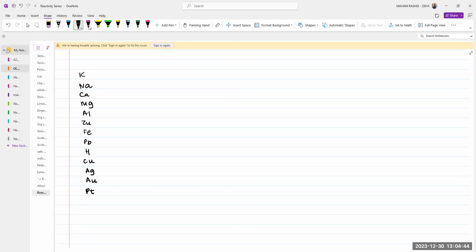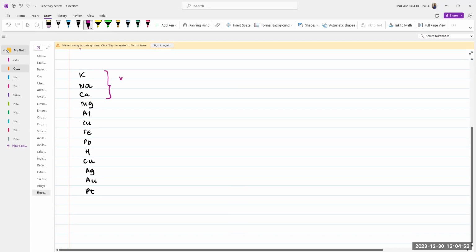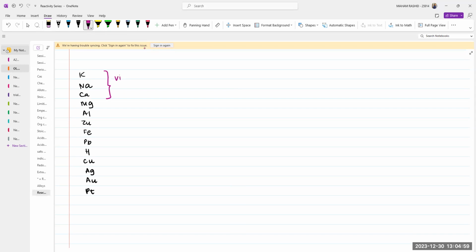So this is what the reactivity series looks like. And the first three elements have a violent reaction with water. Magnesium, however, has a slow reaction with cold water.